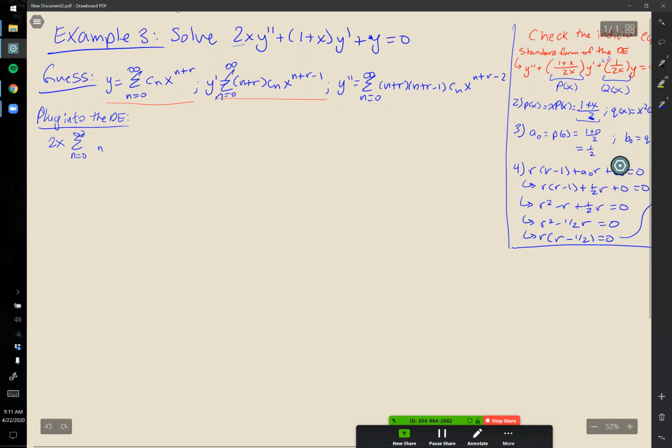So 2x, the sum of (n plus r)(n plus r minus 1) cn x to the n plus r minus 2. Okay, plus 1 plus x, this thing, n equals 0, (n plus r) cn x to the n plus r minus 1, plus y, which is just this.